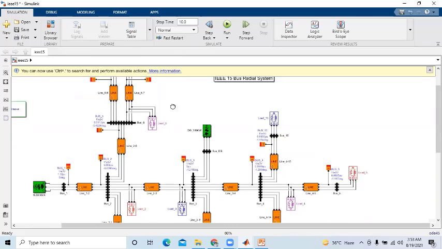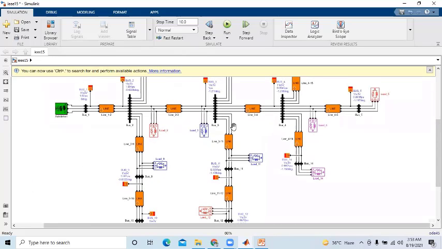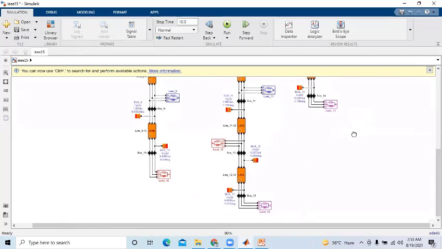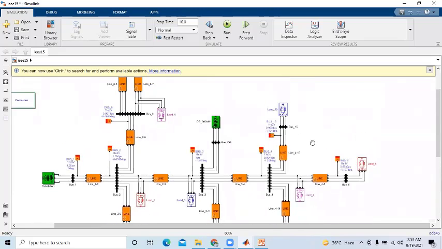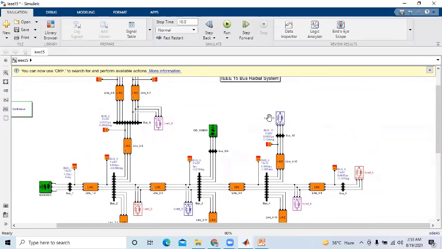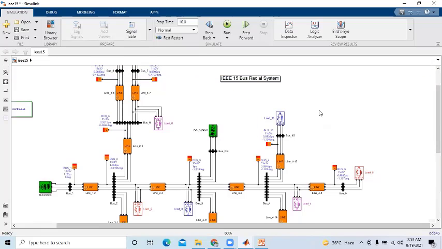Then bus number 6. Then you have bus number 5, 4, 3, 2 and 1 like this. So here we have a total of 15 buses in this system. And here is bus number 15. So this is the connection for the various buses at different locations, creating the complete IEEE 15 bus radial system.